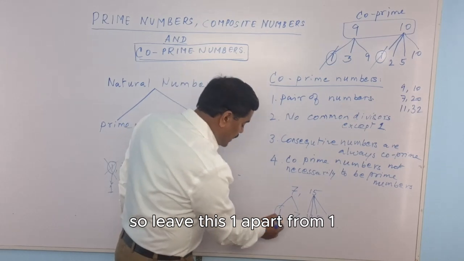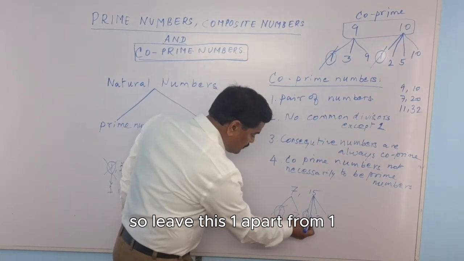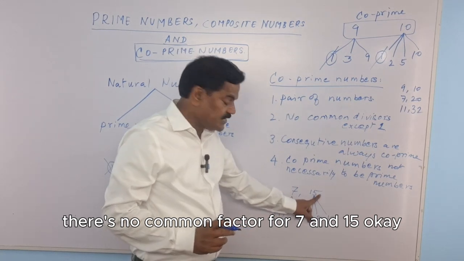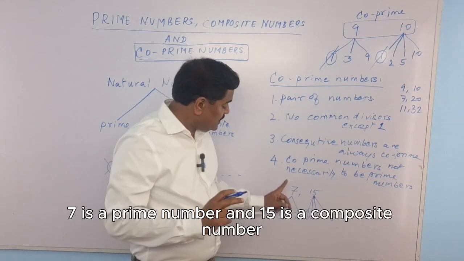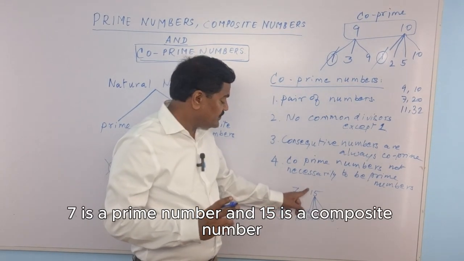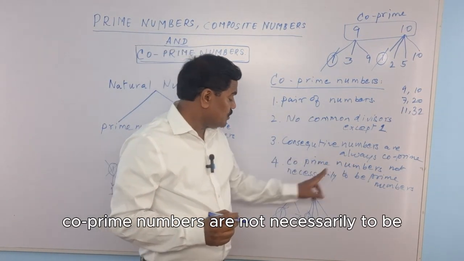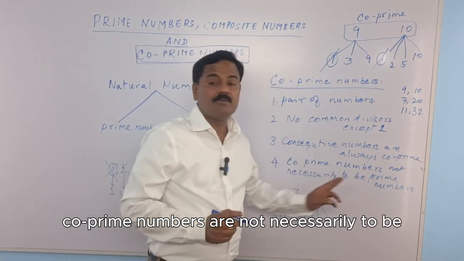So leave this 1. Apart from 1, there's no common factor for 7 and 15. But 7 is a prime number and 15 is a composite number. So co-prime numbers are not necessarily prime numbers.